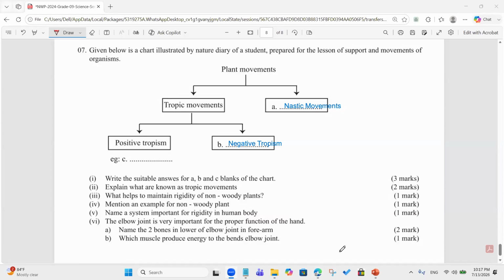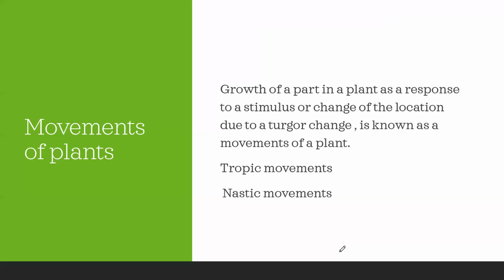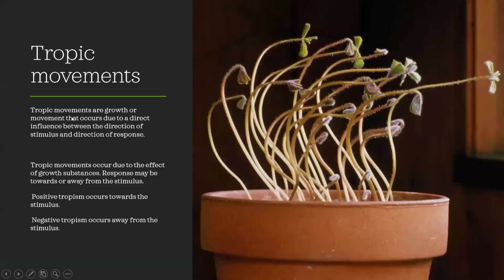Yes, Lamai. Tropic movements are growth or movement that occurs due to the direct influence between the direction of the stimulus and the direction of the response, right? You can write this answer.